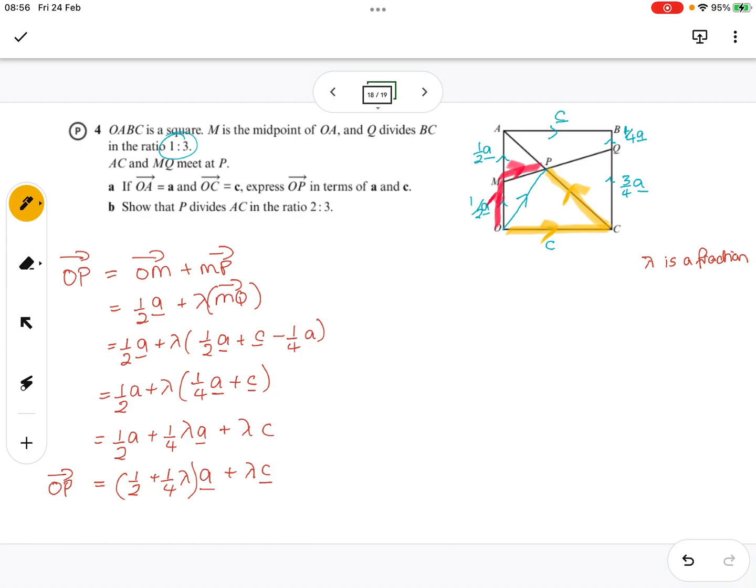Right, good. Now we're going to do it all again, but on the yellow one.